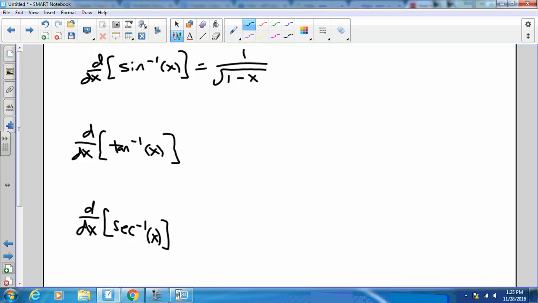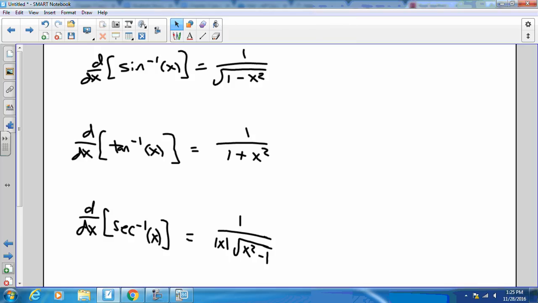And these are as follows. And last week we developed each one of these formulas through a process. I'm actually going to walk through that process in just a minute for inverse secant so that you can know how to derive them.